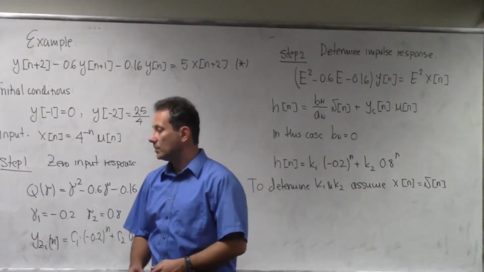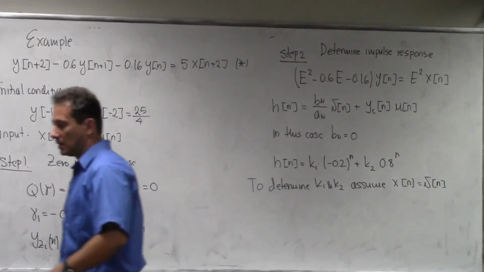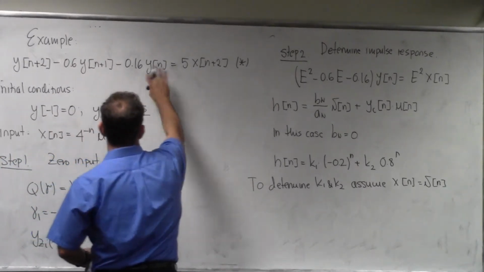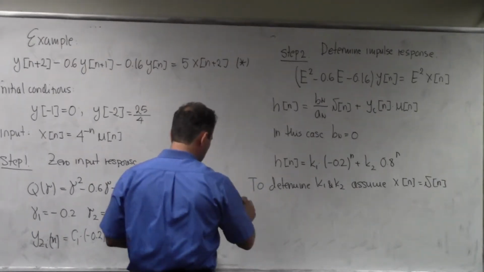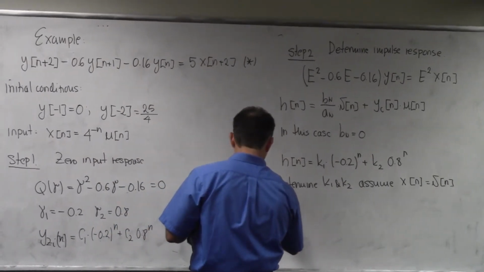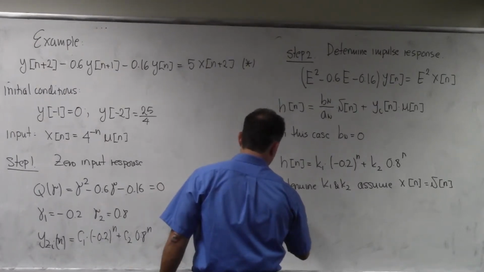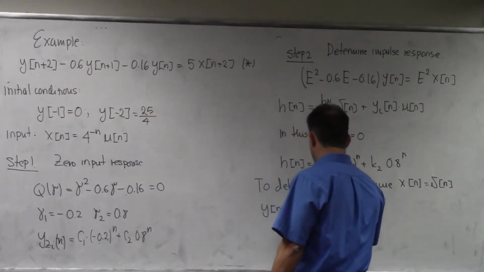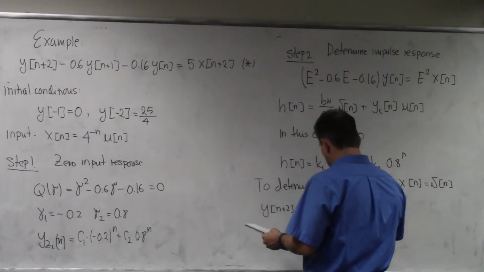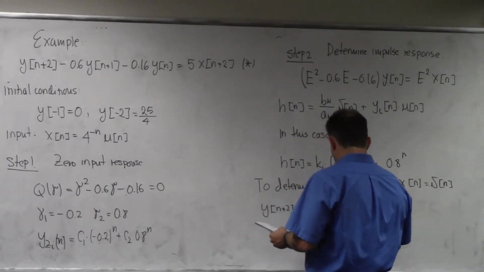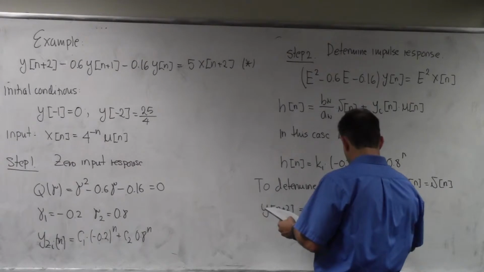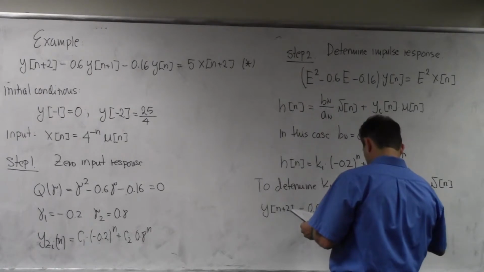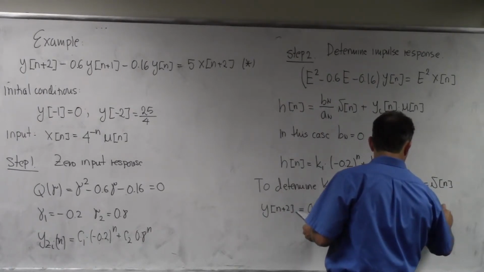Now, okay, so let me do that here. If I take this equation and rearrange it just like I had it a little time ago, meaning that everything except the highest order term on the left hand side goes to the right hand side, I get that y of n plus 2 is going to be equal to 0.6 y of n plus 1 plus 0.16 y of n, and plus 5 x of n plus 2.